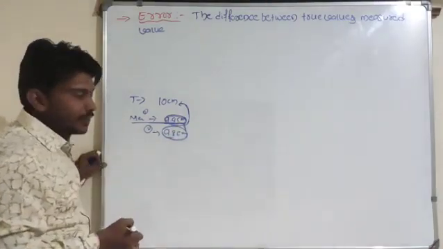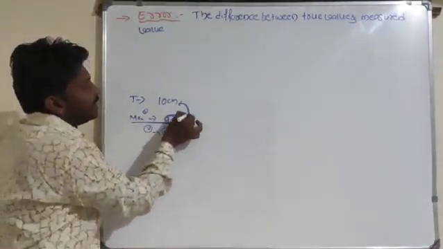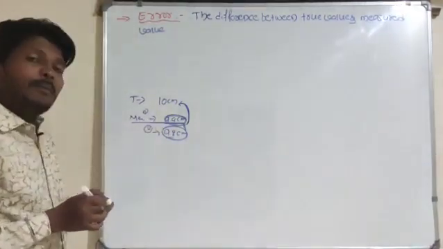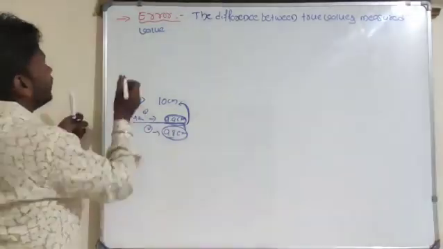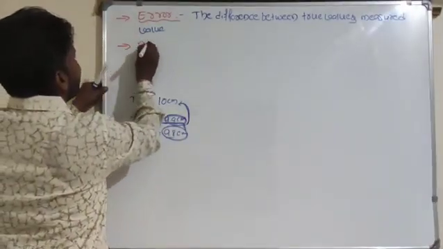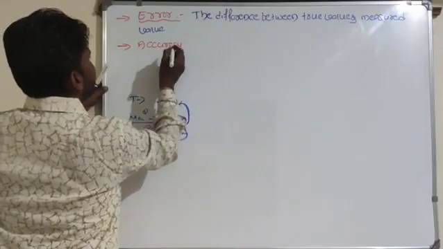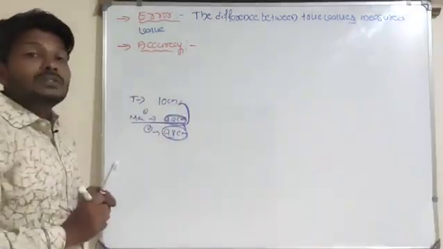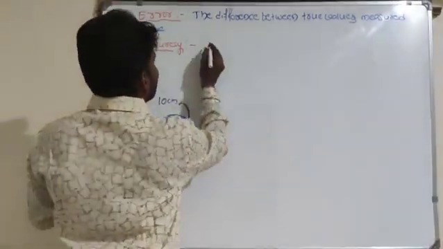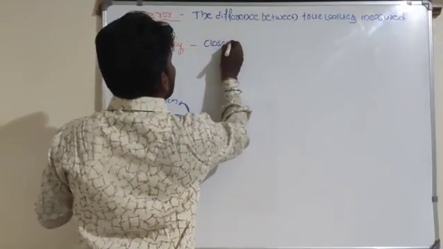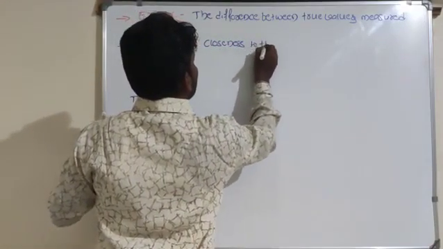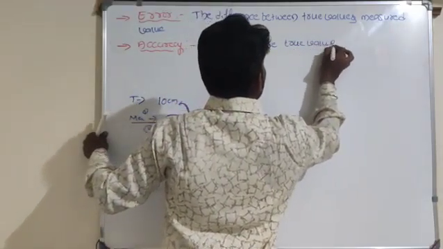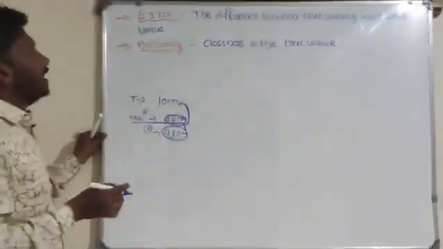Compared to these, 9.9 centimeter is closer to the true value, so 9.9 centimeter is more accurate. Closeness to the true value, I call accuracy.